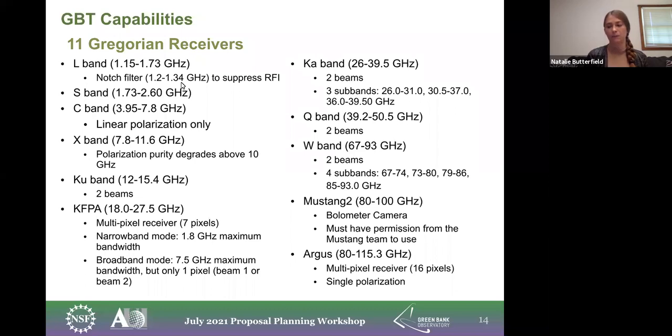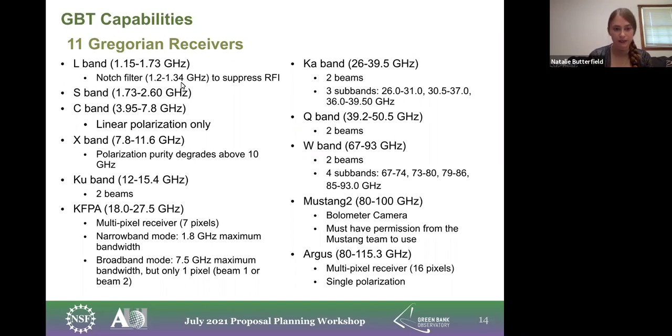That can help with your bandpass by excluding some of that RFI. So if you see notch filter come up when you're looking at L-band, that's basically what it means: it's suppressing some of the strong RFI in the frequency band.